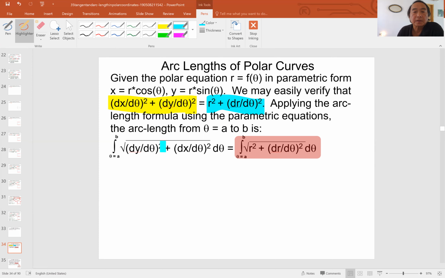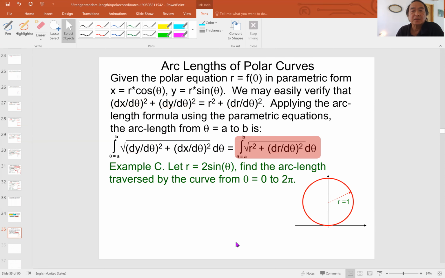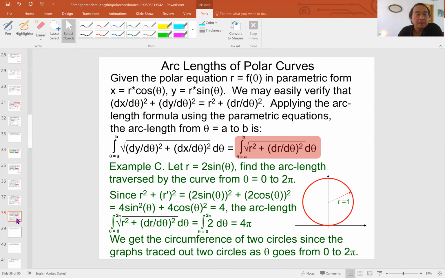Notice the square in the formula, which means if you have problems involving sines and cosines, you will be integrating things like sine squared and cosine squared. So if you want to remember how to do that algebraically, we're going to use converting the square formulas into double angle formulas.